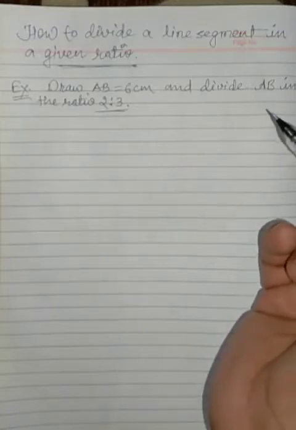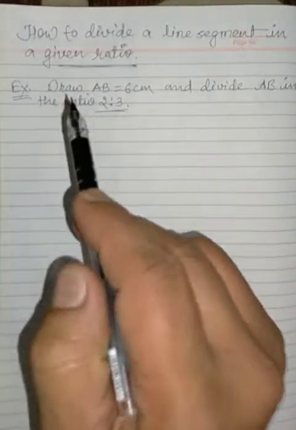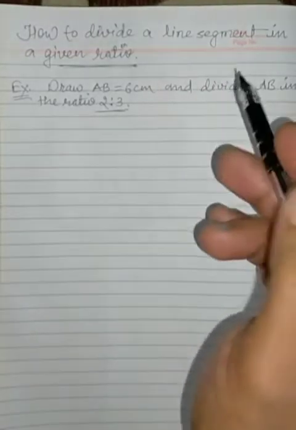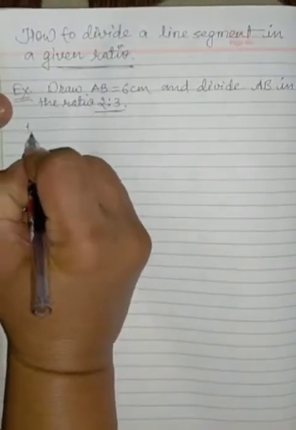Now, in our NCERT book, there are two methods described for dividing any line segment in the ratio 2:3. We will see both of them one by one. So, in the first method, let's see how we can do it.